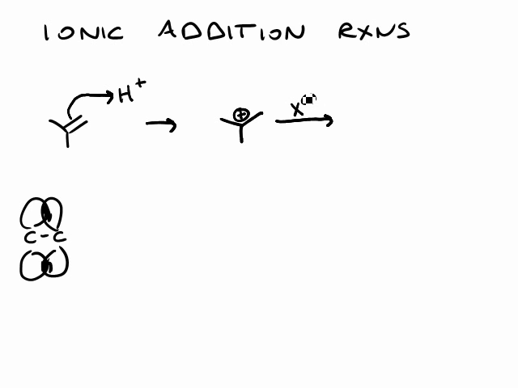Let's just say X-. X- can be chloride, bromide, iodide. It doesn't even have to be negatively charged. You can have water attack the carbocation.